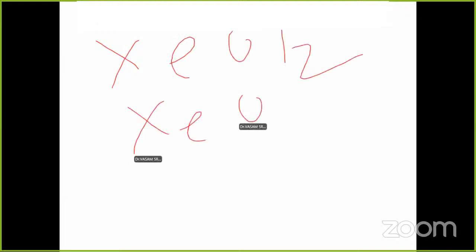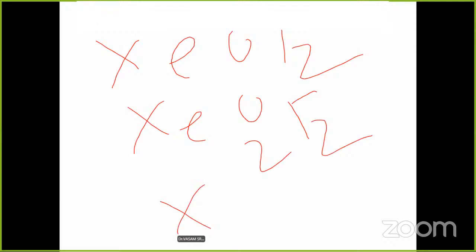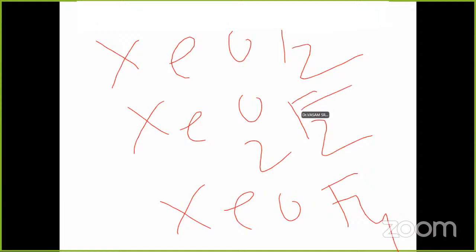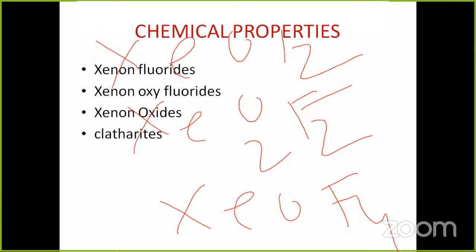For example, XeOF2, XeO2F2, and XeOF4. There are three types: xenon oxydifluoride, xenon dioxydifluoride, and xenon oxytetrafluoride. So now you see there are three types: xenon fluorides, xenon oxyfluorides, and xenon oxides.